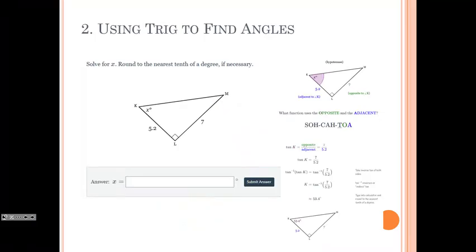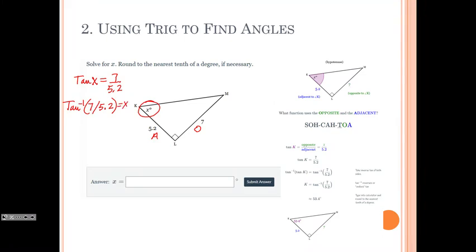Okay, here we go. We've got this one. They want you to find this. So we've got opposite and adjacent. What is that? Tangent. So tangent of x equals 7 over 5.2. We need tangent -1 of 7 divided by 5.2 to give us x.